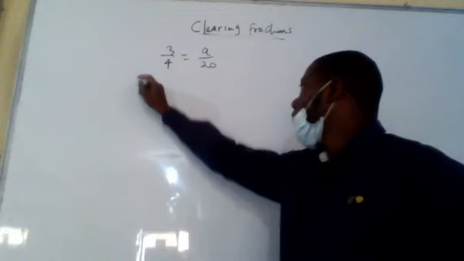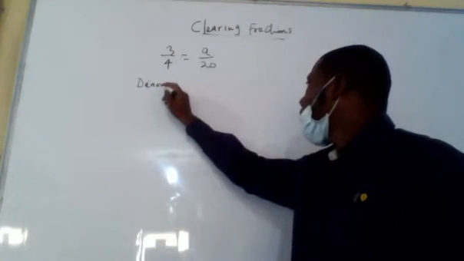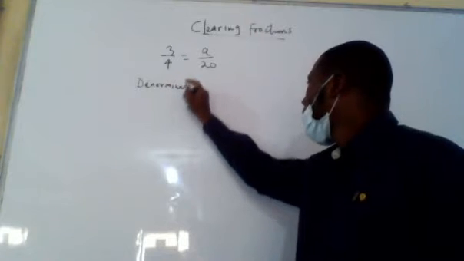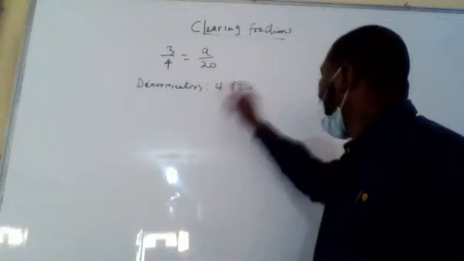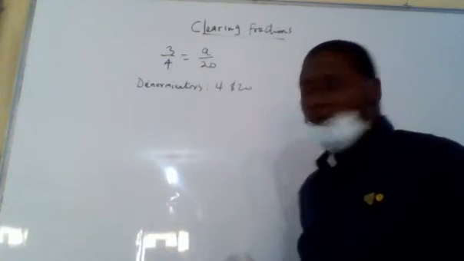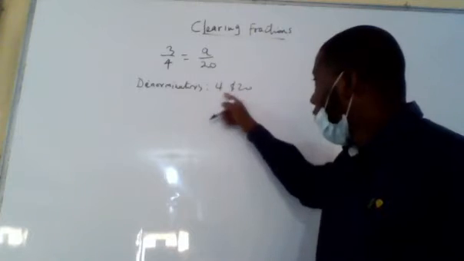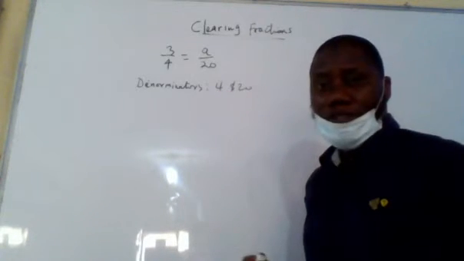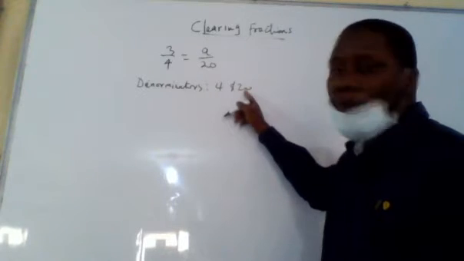The denominators are 4 and 20. So you look for the LCD of these 2 denominators. The lowest common denominator is 20.